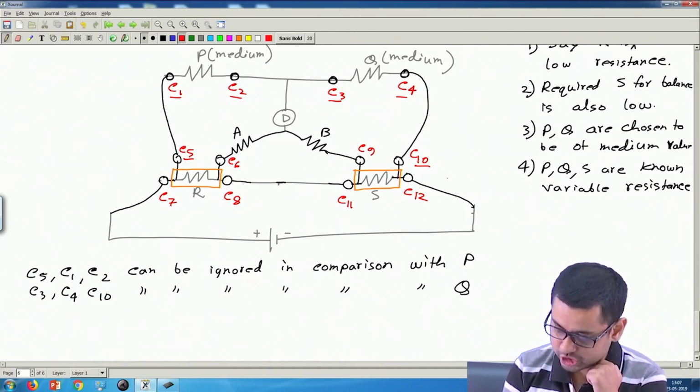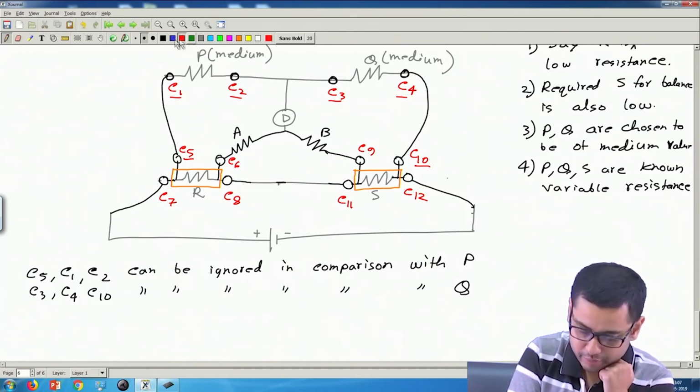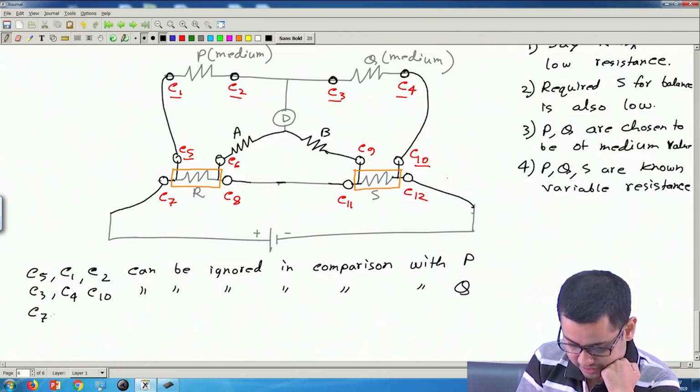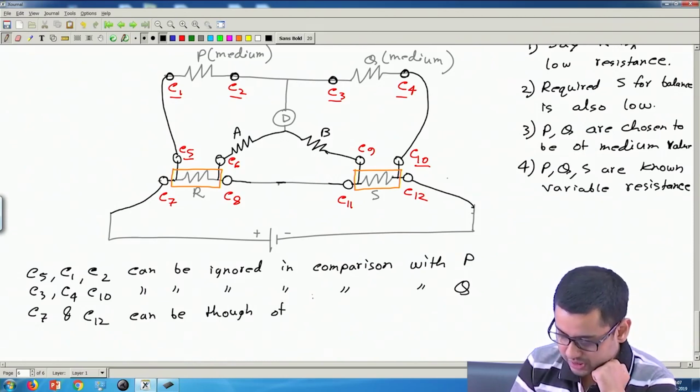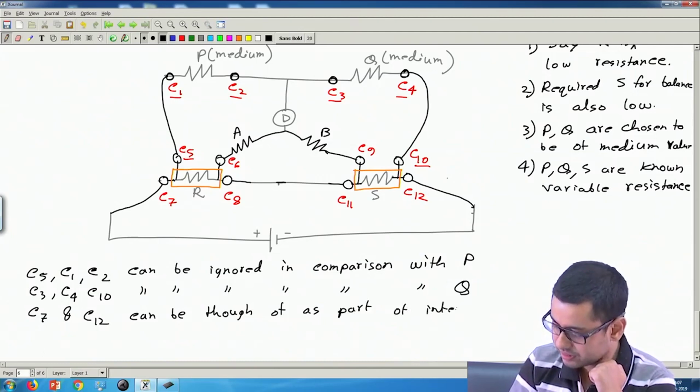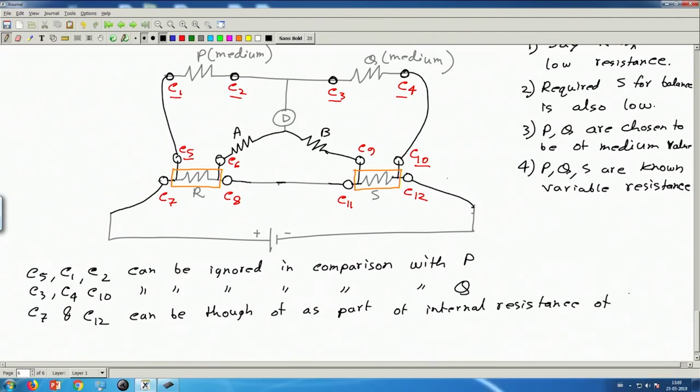C7 and C12. Okay, so let's talk about C7 and C12. C7 and C12 can be thought of as a part of the internal resistance of the source. The source can also have some internal resistance, and we know that in our balance condition this resistance doesn't come in the equation.